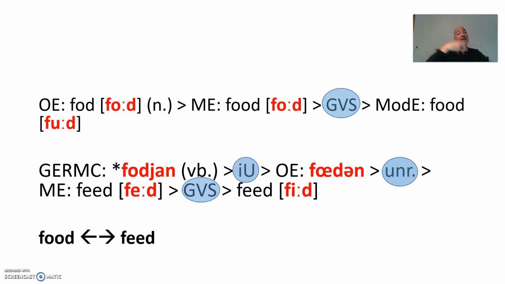Then the unrounding takes place, and it becomes in Middle English fed. And since it is a long E, the rest of the story is clear, goes into the great vowel shift and becomes feed eventually. So you have food, but to feed an animal or anybody. Food and feed.